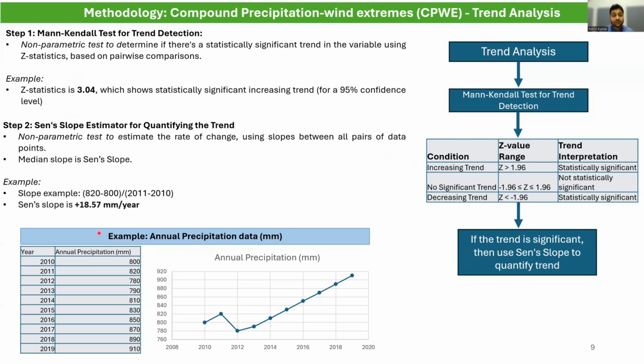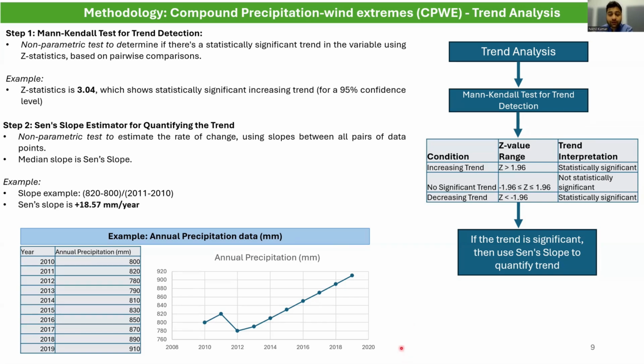And we get a Sen's slope of 18.57 mm per year, which means the annual precipitation is increasing at a rate of 18.57 mm per year. That is why in studies we use this trend analysis to detect and quantify trends.